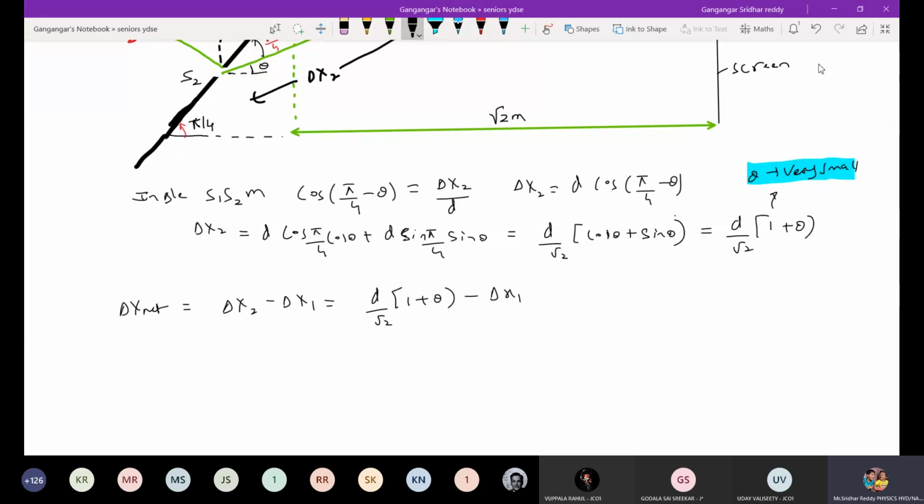What to do with theta? Theta we can't do like this, no? Theta is very small, so sin theta we can also write as theta, or tan theta. So let it be tan theta.